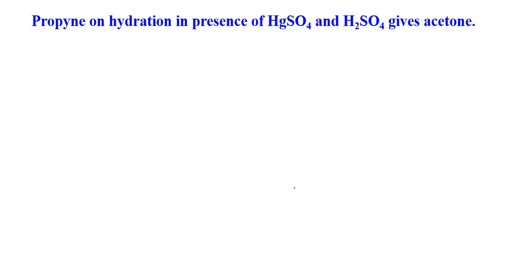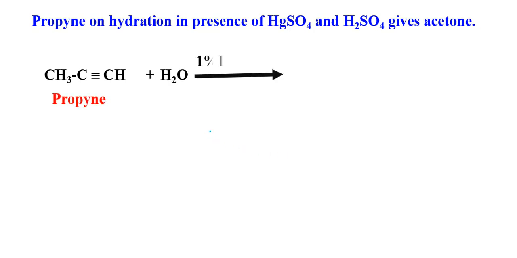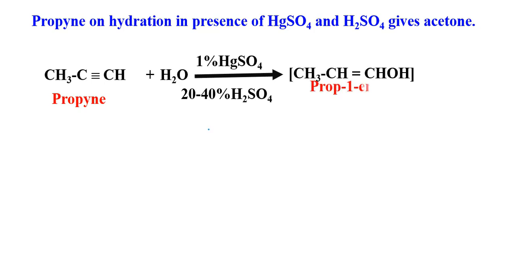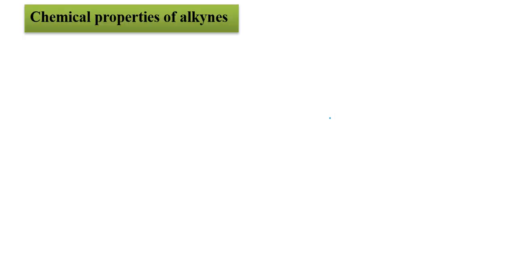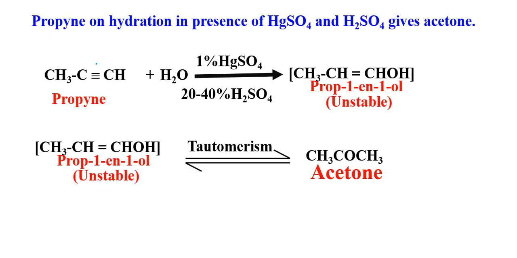Propyne on hydration, in the presence of mercuric sulfate and sulfuric acid, gives acetone. You can see here addition of water, vinyl alcohol, prop-1-en-2-ol is forming, then tautomerism, then it gets the ketone. This mechanism, one more type I can also write here.